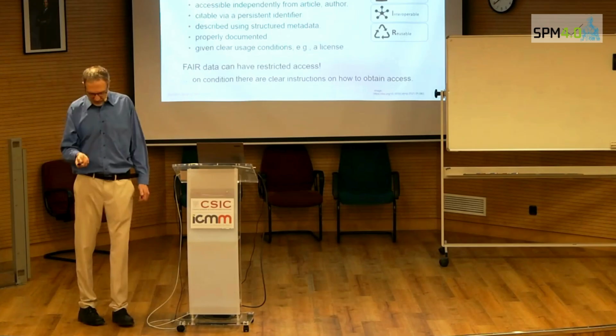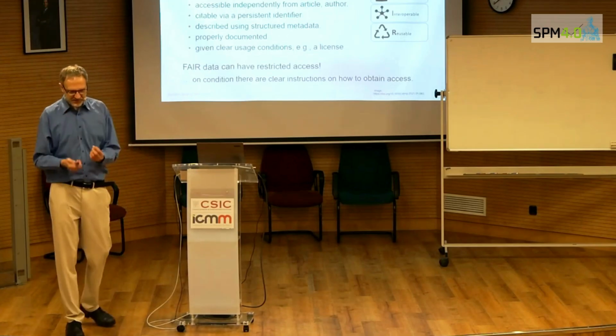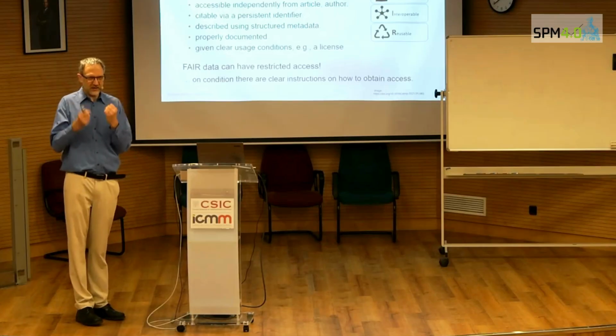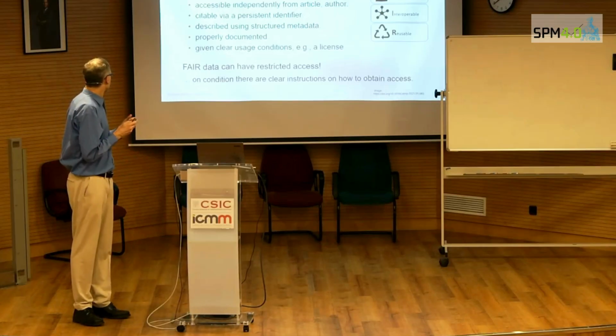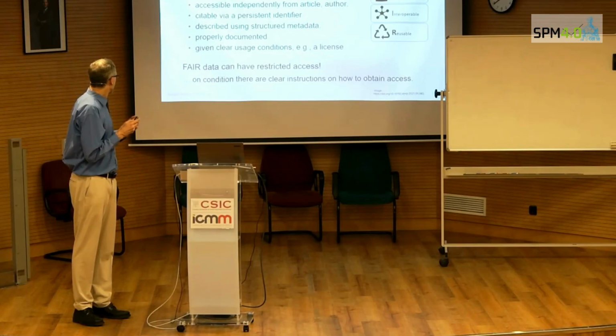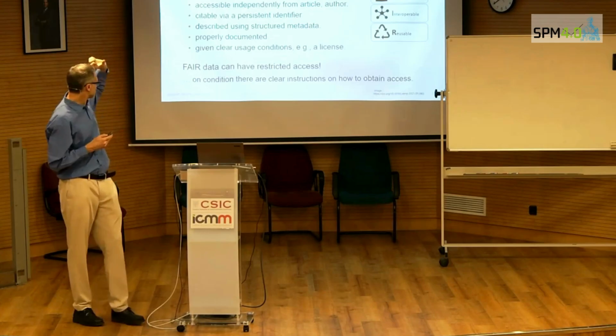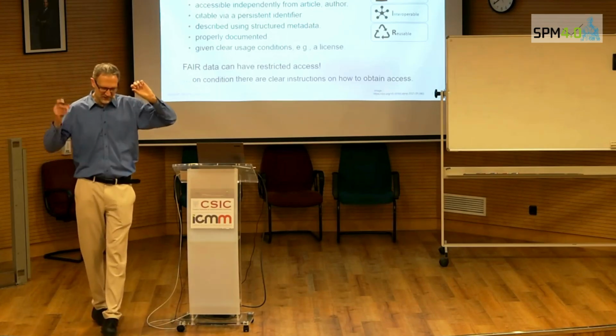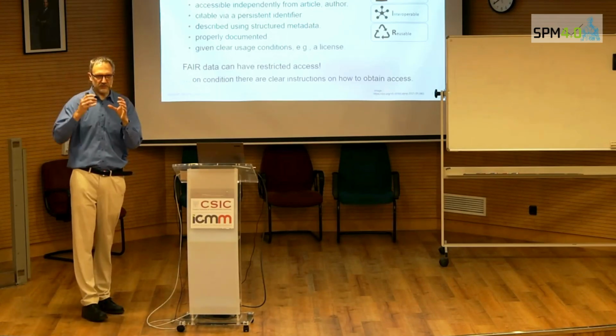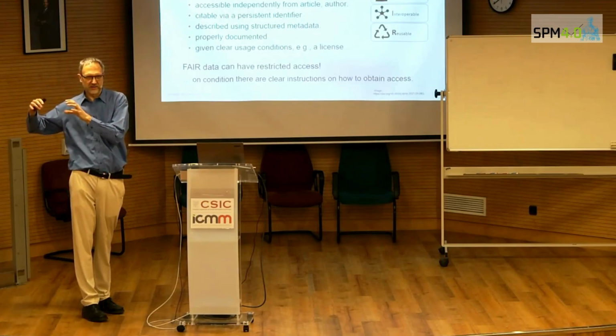Right. So you're going to publish in a research data repository. You want to make your data FAIR. What do you need to do? Make it accessible, independent. So the data set shouldn't be an extension of the paper.